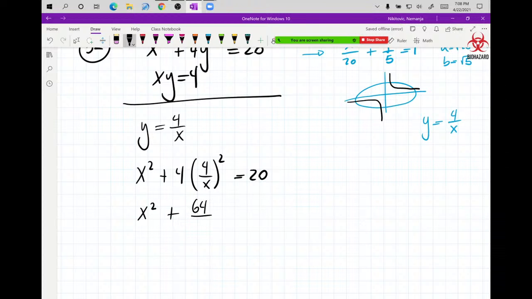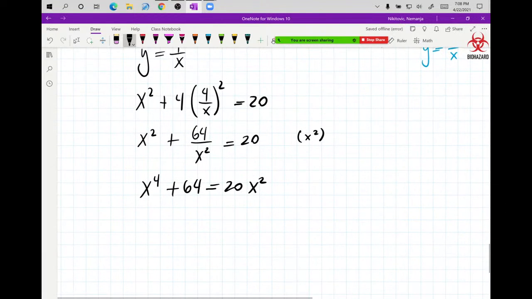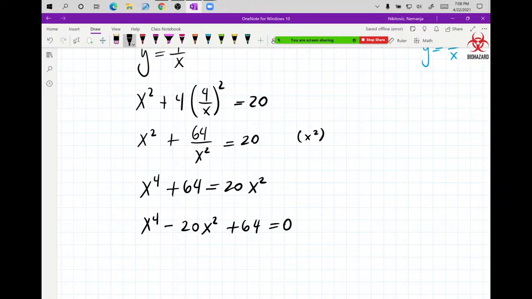So 64 over x squared equals 20. And you multiply the entire equation by x squared to kill the denominator. So x to the 4th plus 64 is equal to 20x squared. Now when you put everything on the same side, you have a quartic, but you can reduce it to a quadratic with a substitution.